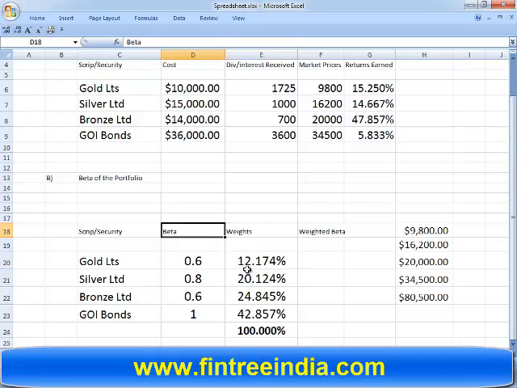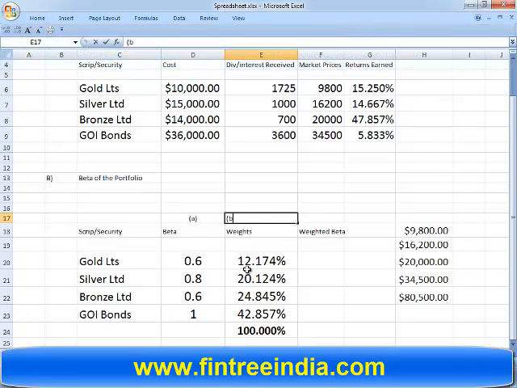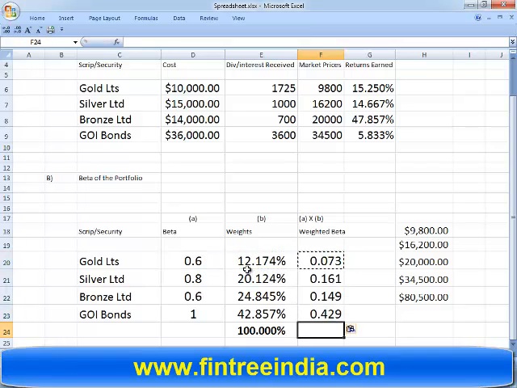So once you have beta here, let's call this as A. Once you have weight of that beta, let's call this as B. So you can calculate a weighted beta, which would be A multiplied with B. Here. So beta of 0.6 multiplied with 12%, and then just expand it and take a total.